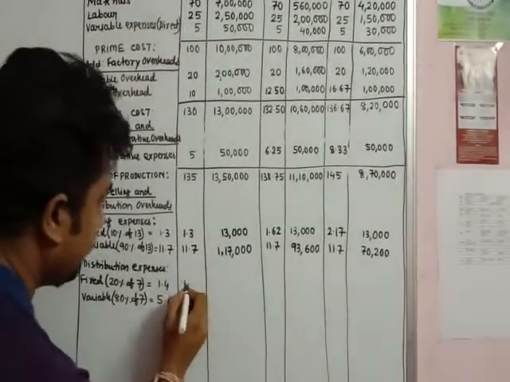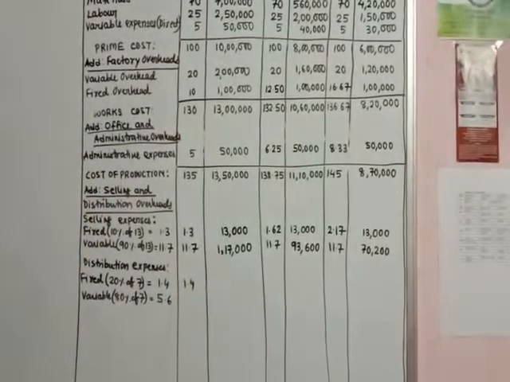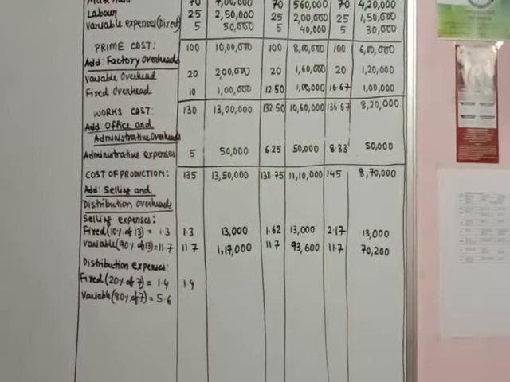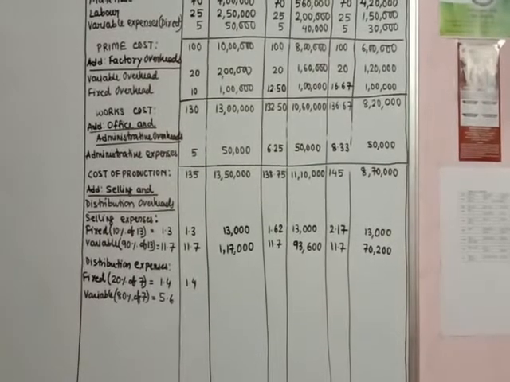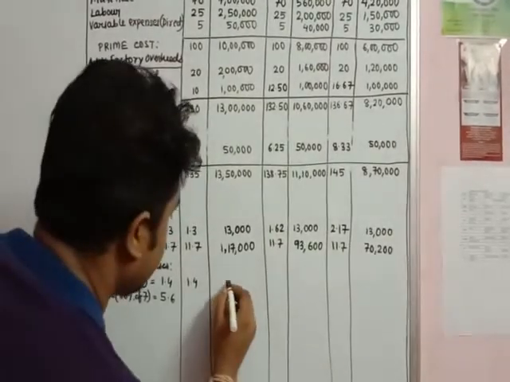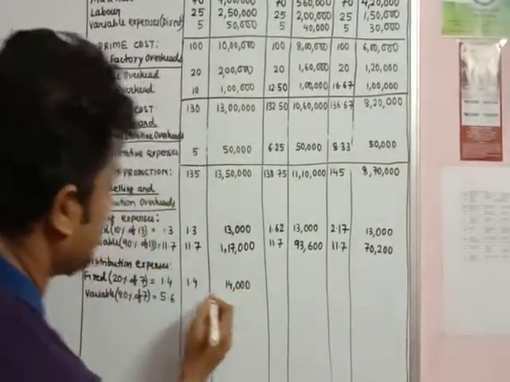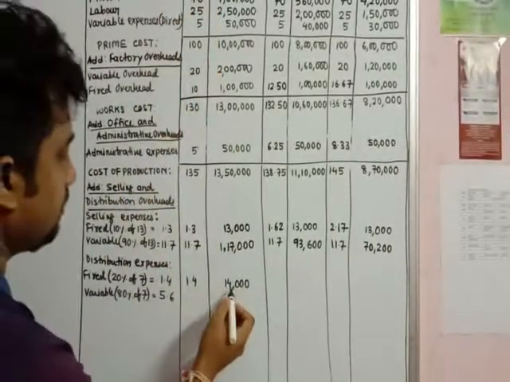We have been given information for 10,000 units. At the 10,000 level, the fixed part is 1.4 into 10,000, which comes up to be 14,000.